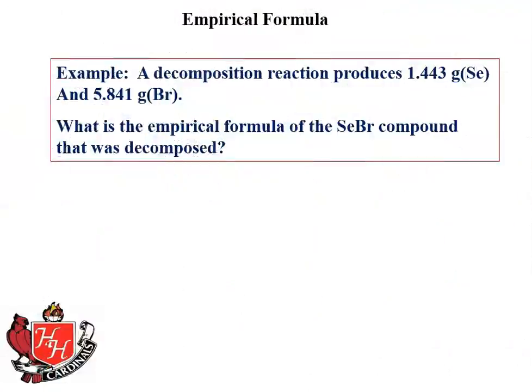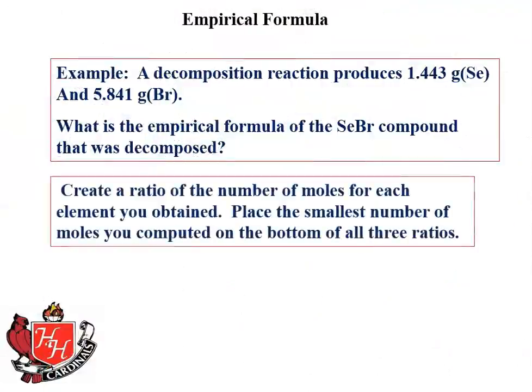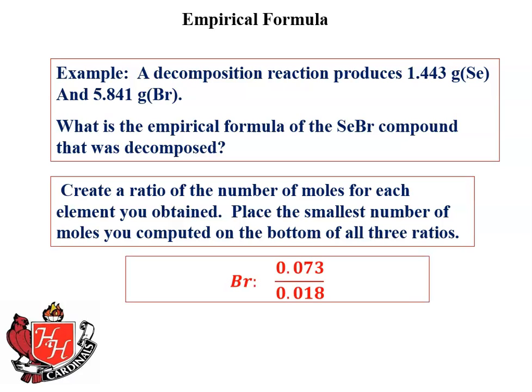Now that you have the moles, you make ratios. Create a ratio of the number of moles for each element you obtained. Place the smallest number of moles you computed on the previous slide on the bottom of all ratios. Well, there are only two ratios in this problem. So for Br, it's 0.073 divided by the number of moles you calculated for selenium, 0.018.